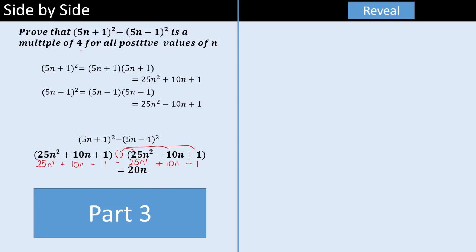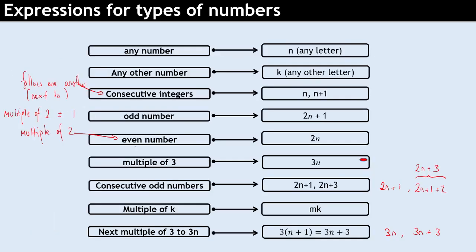Okay, now, we've done our expanding. We've done our simplifying. Now we need to think about factorizing. So we need to look at what we need to prove. We need to prove that it's a multiple of 4. Now, if you remember back to our expressions, a multiple of something means that we can write that number times by something else.